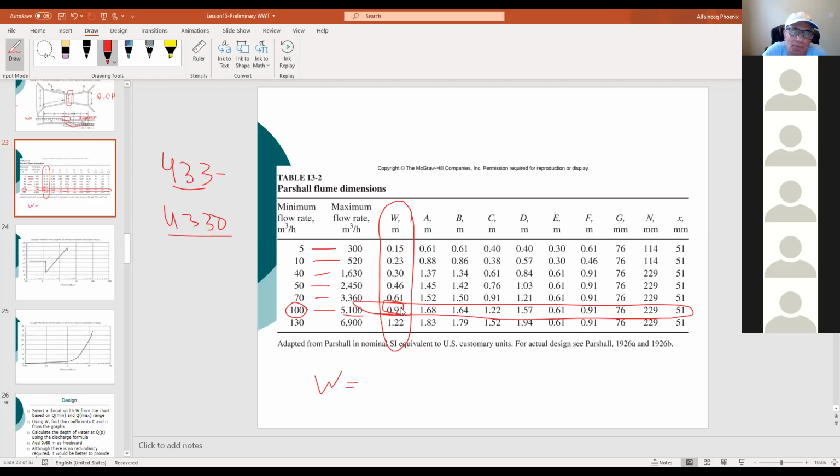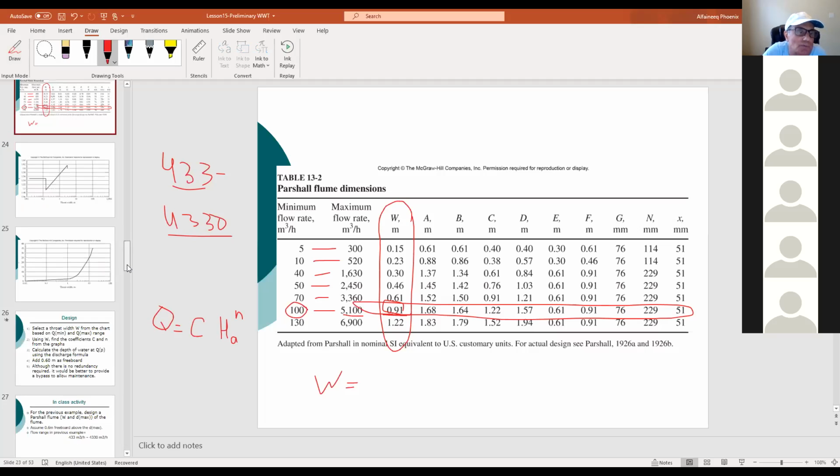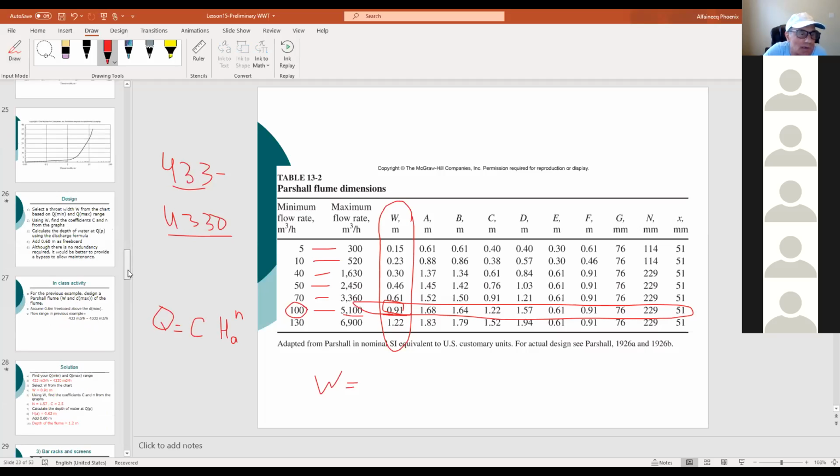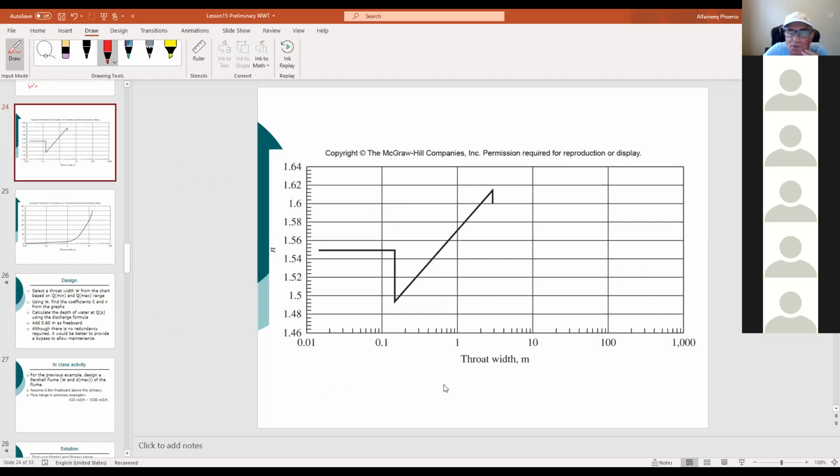All right, remember this number, 0.91. So Q, the flow rate, equals C times H approach raised to N, correct? Now we need the coefficients, right? We need the coefficients, where are they? Here they are, sorry. 0.9, we said, the throat?